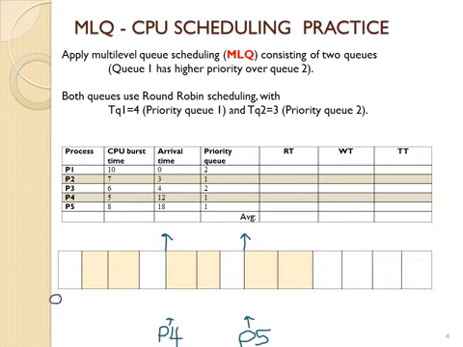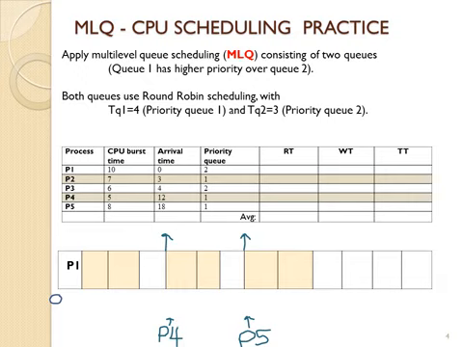So let's get started. We will start at time 0, and if you take a look at the arrival times, the only process that has arrived at time 0 is P1. So P1 uses round robin with a time quantum of 3. However, since it's a priority 2, we need to check at each time unit, time 1, time 2, for the arrival of a priority 1.